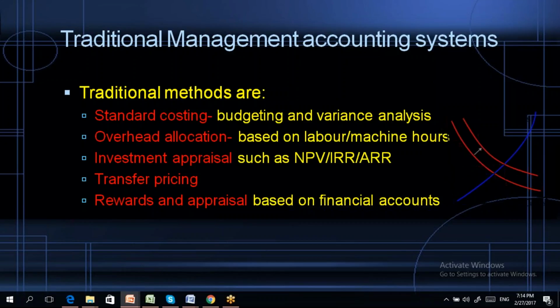Customers have a lot bigger choices. So it's now a matter of something we call continuous improvement. You don't wait on the standard, you try to improve on your standard, improve on your costing, improve on your cost figures, and so on.